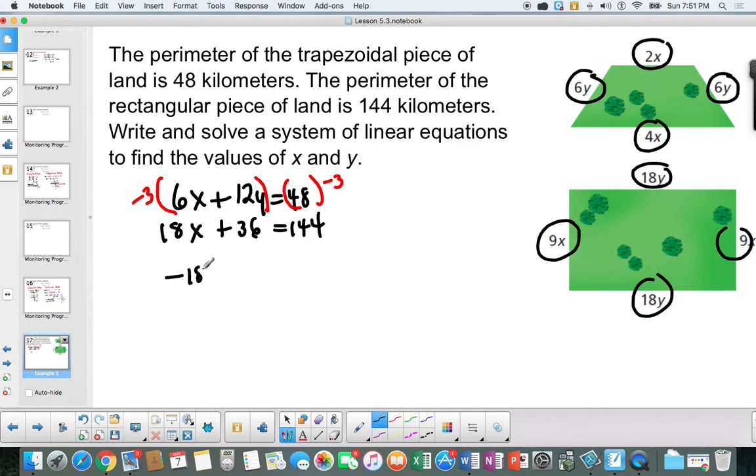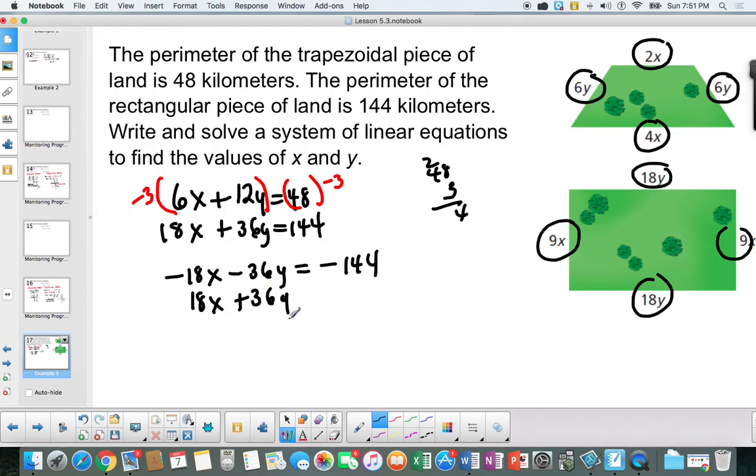So this is going to be -18x minus 36y, equals, and then this will be negative, 48 times 3 is 144, and then this underneath will be 18x plus 36y is equal to 144. When I add, I get 0 equal to 0, which means there's an infinite number of solutions. Lots of answers will work.